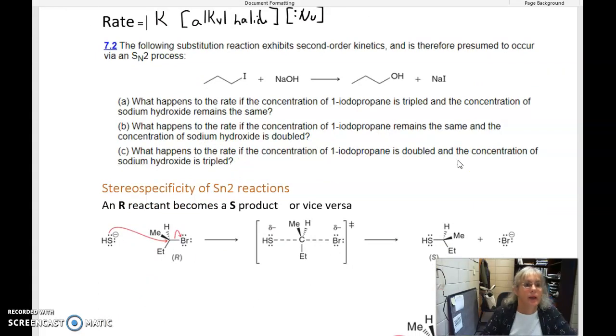We can determine what will happen to the rate if the 1-iodopropane is tripled. We would expect the rate to be tripled. If the concentration of the iodopropane remains the same and the concentration of sodium hydroxide is doubled, the rate would double. If we double the concentration of the iodopropane and we triple the concentration of the sodium hydroxide, we get 6 times the rate.